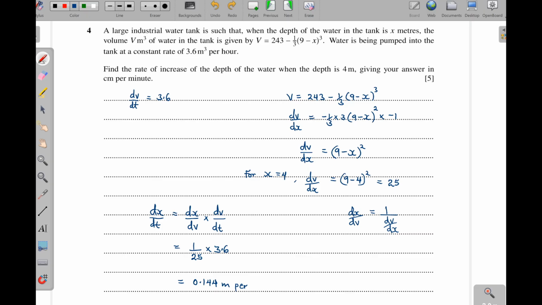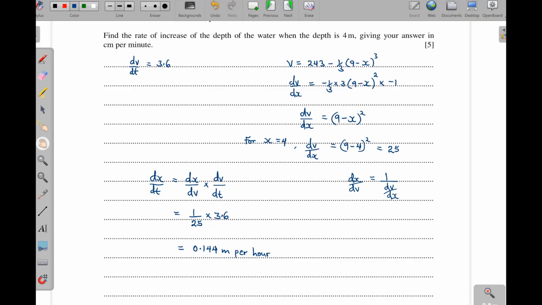So that means here we are going to have per hour. Okay, now we have to convert this one to centimeters per minute. So how many centimeters are in a meter? They are 100, not so? So times 100. Then per, it is hour, so that is 1 hour.